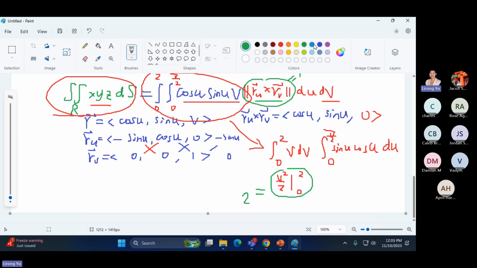Now for the trigonometry, it's sine u cosine u. The derivative of sine is cosine, so this is really d sine. So sine u d sine u. The antiderivative is sine squared u over 2 with the power rule. And then you can see the derivative of sine squared u over 2 is going to be 2 sine u cosine u divided by 2, right?